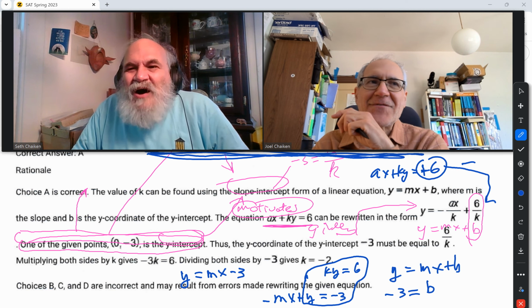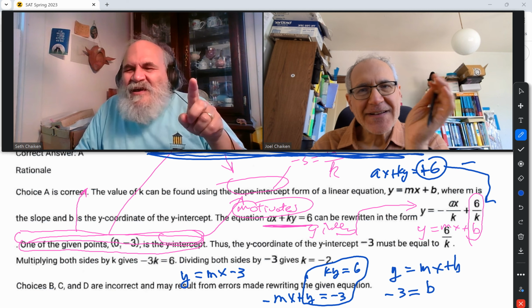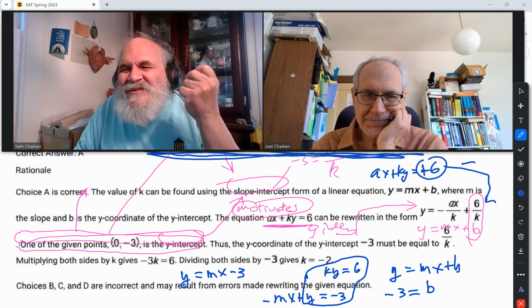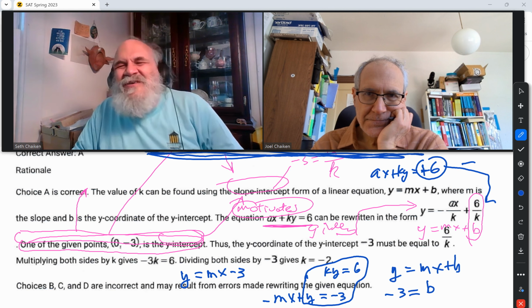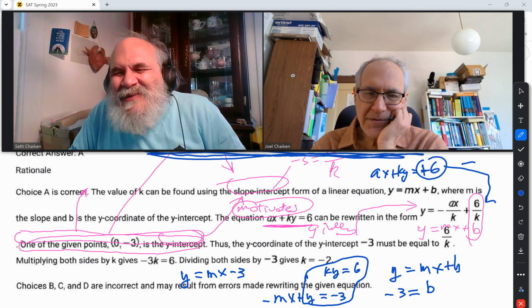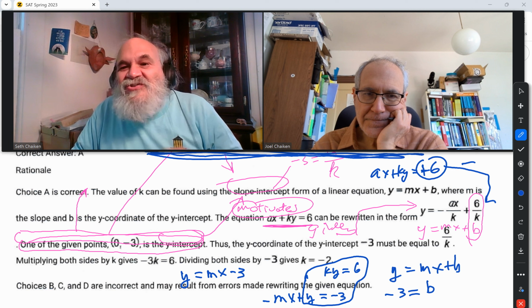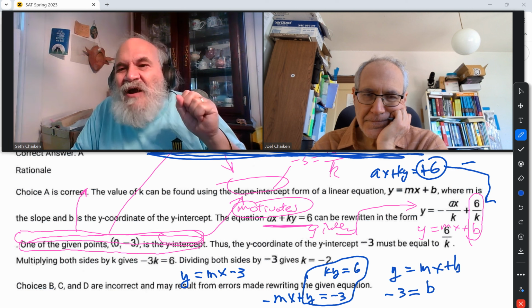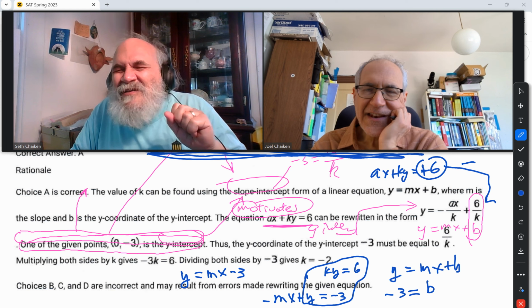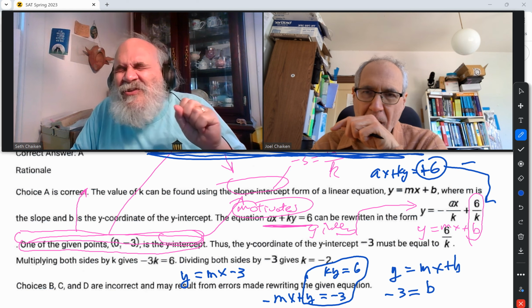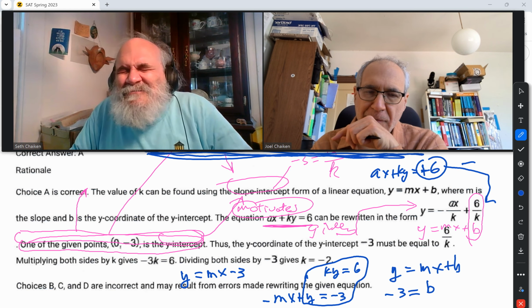Well, you have to be flexible. If you know the intercept, then it is a good idea to convert it to slope-intercept form. Right. Yeah. So they should say first, the problem tells us the y-intercept. Right. How can we use that? Let's convert the equation into slope-intercept form. Right. Yeah.